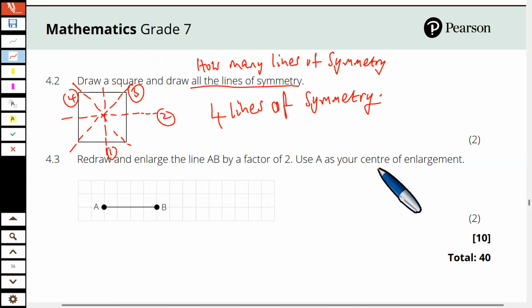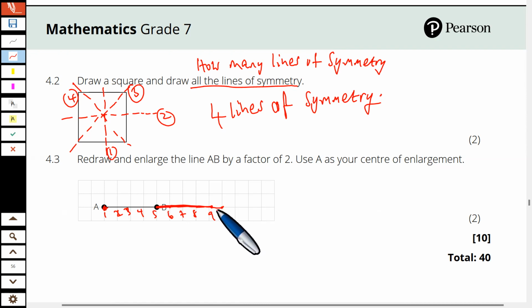So if you look at this enlargement, if you use A as your center of enlargement, you have 1, 2, 3, 4, 5, 6, 7, 8, 9. Looks like 10.